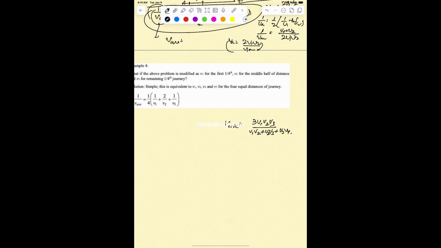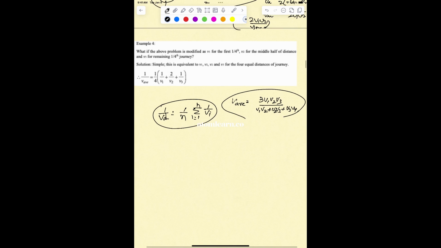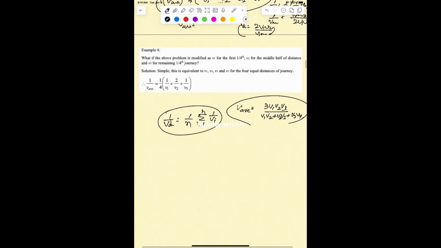Now you don't have to remember this kind of formulas, because you can always work it out as per the basic 1 by v average equal to 1 by n. Suppose there are n partitions, then into sigma of 1 by vi, where i goes from 1 to n. This you can use.